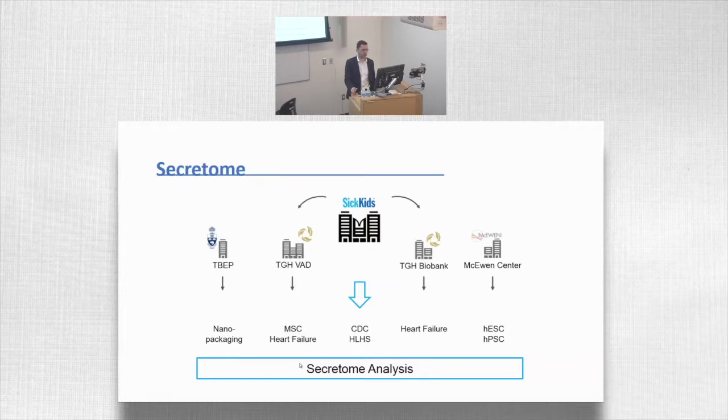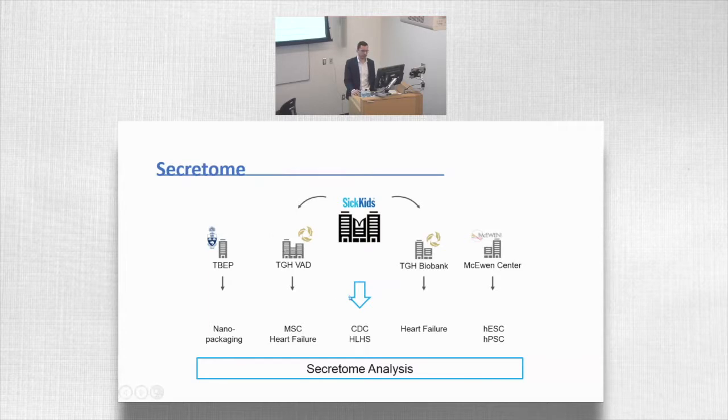We use people at the University of Toronto, especially from TBEP, where they do bioengineering and look into nano packaging. We look into the biobank and the VAT program at the Toronto General, where they have a multitude of tissue samples from heart failure patients.